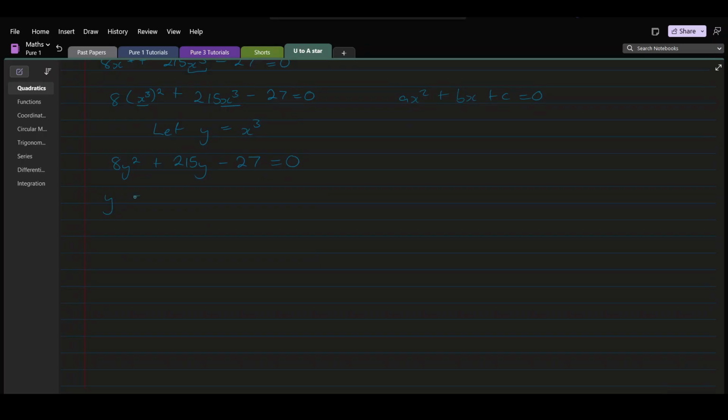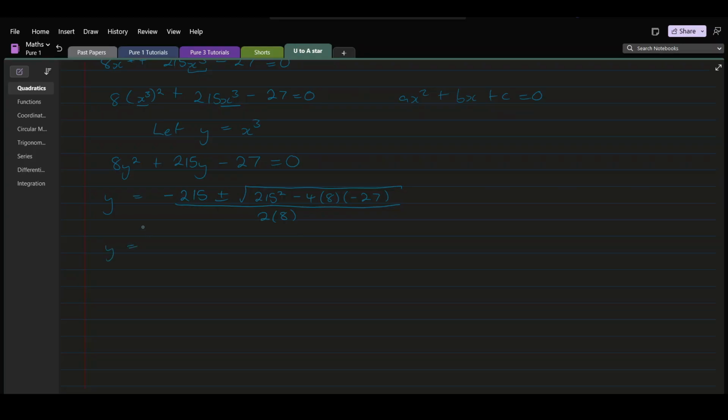So y is equal to minus b, so that's minus 215, plus or minus the square root of 215 squared minus 4a, which is 8, and c, which is negative 27, and this is all over 2 times 8. Let's punch this into our calculator.